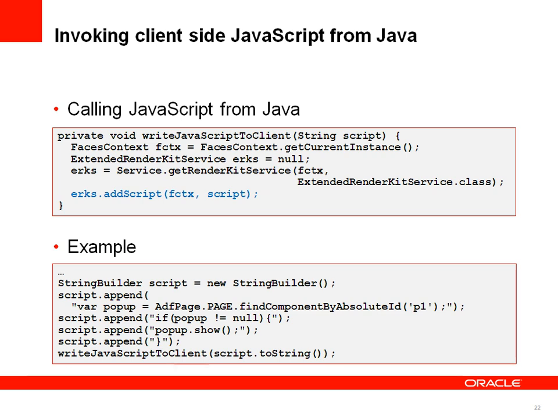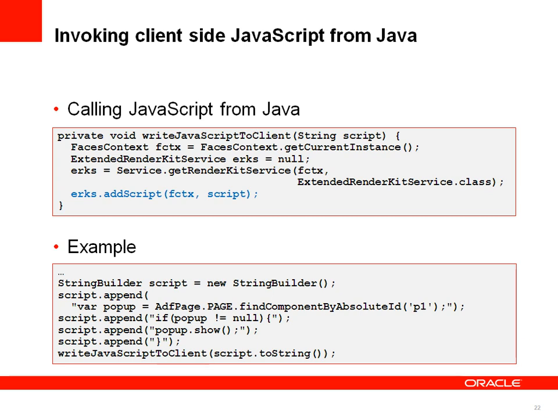To call JavaScript from Java, I created this helper method which is called write JavaScript to client, which uses the Extended RenderKit Service to pass a string which represents a JavaScript to the client side for execution. So we see the call is pretty easy and straightforward.